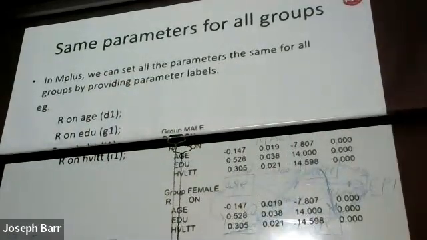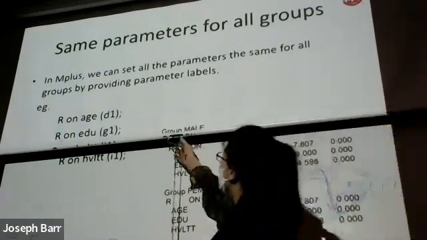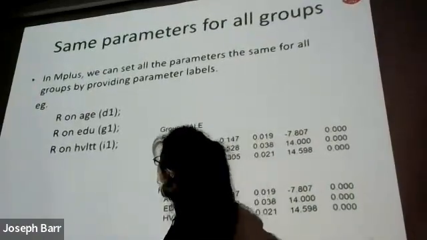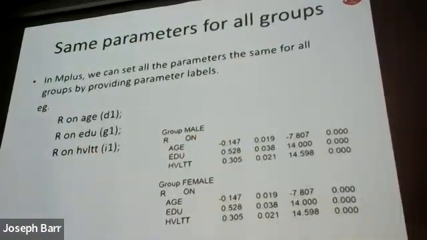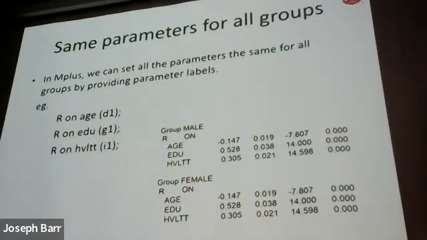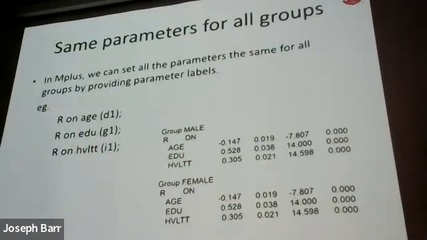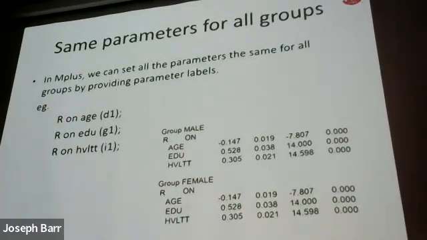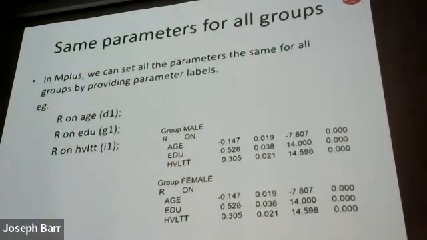So how to assume some parameters are the same, then we can use this code, okay? Remember that in the previous analysis, we can give a parenthesis, a name, okay? We can give a name on some path.